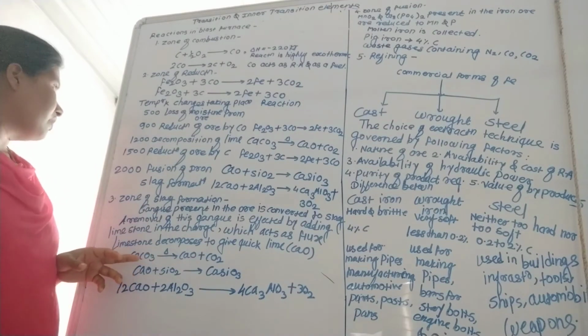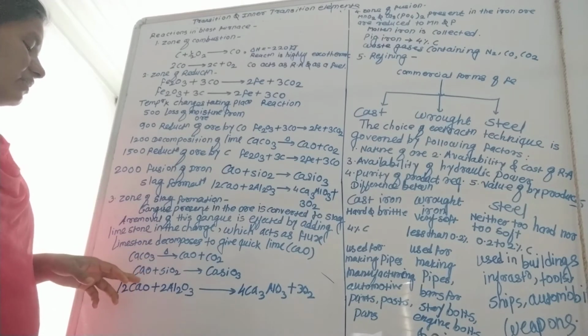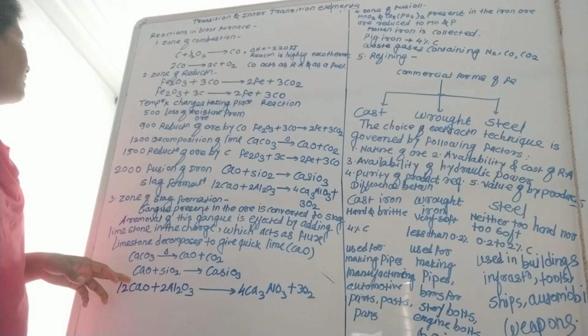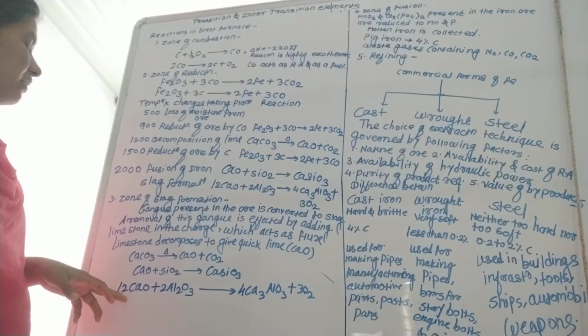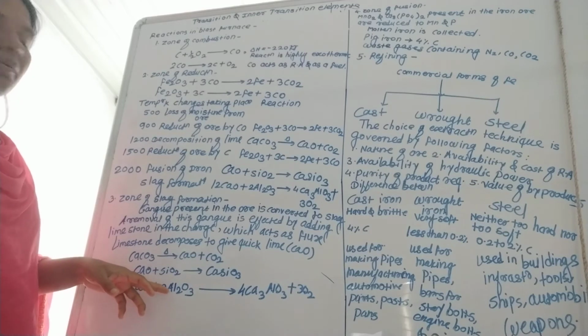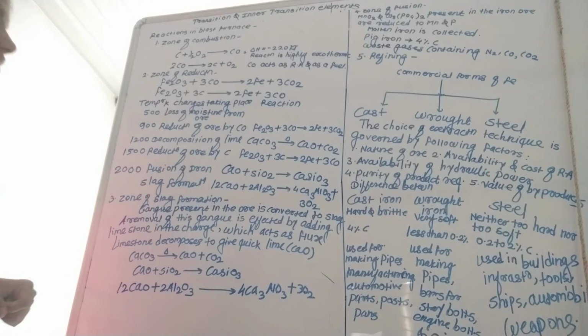Calcium carbonate or limestone is converted into quick lime and CO2 gas is released, and quick lime combines with silica to form calcium silicate, and quick lime plus 2 moles of aluminium oxide combine together to form 4Ca3AlO3 plus thrice O2.